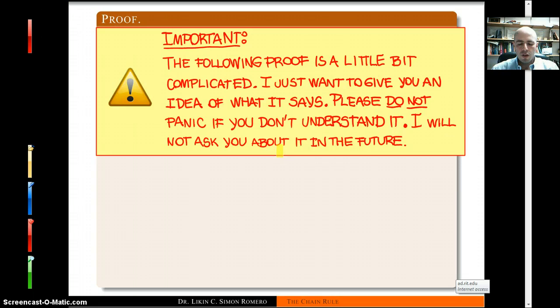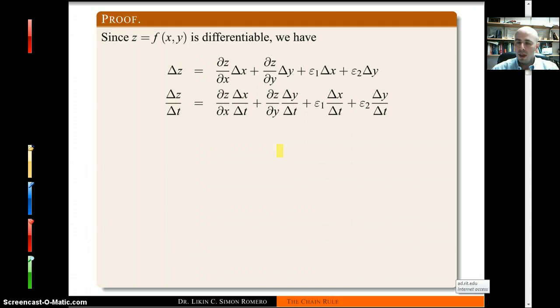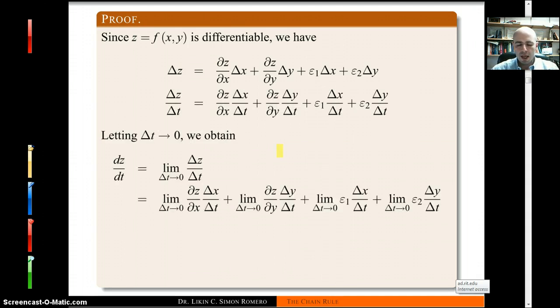I'm not very interested in you completely remembering it. I just want you to get a flavor of why this is true theoretically, and it comes from the definition of differentiability. So if the function is differentiable, this happens, then I divide by delta t, then letting delta t go to 0, the limit as delta t goes to 0 of delta c over delta t is just the derivative of c with respect to t, but on the other side we have the sum of the limits.